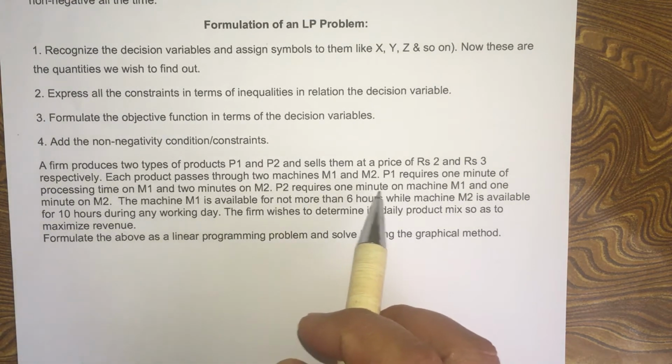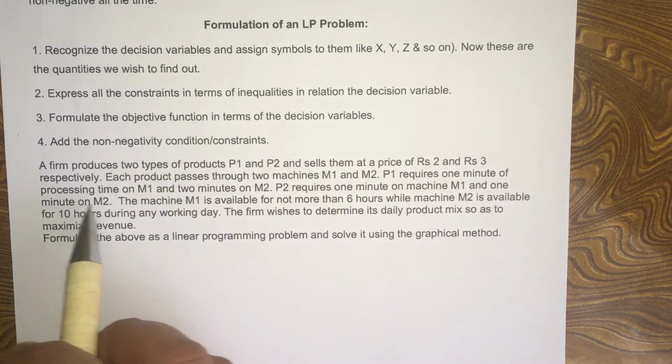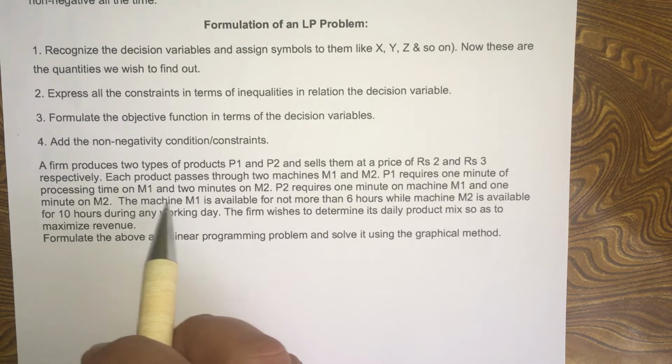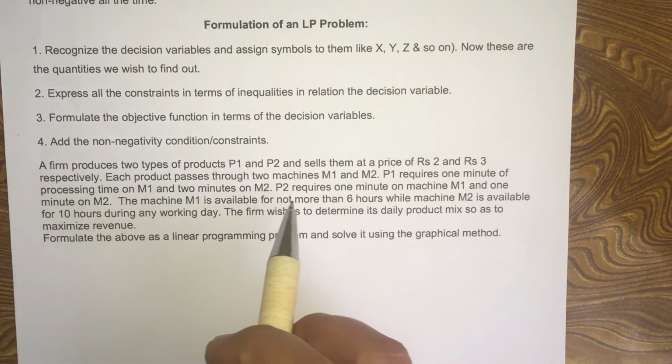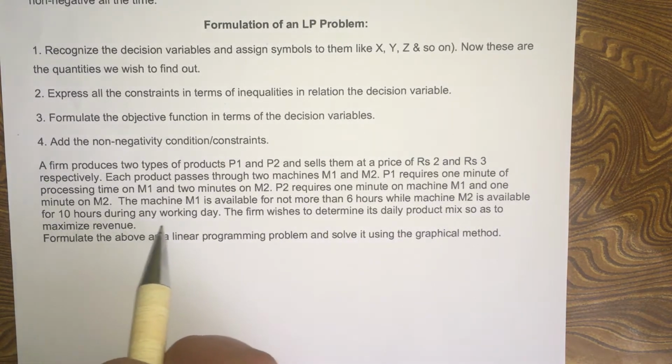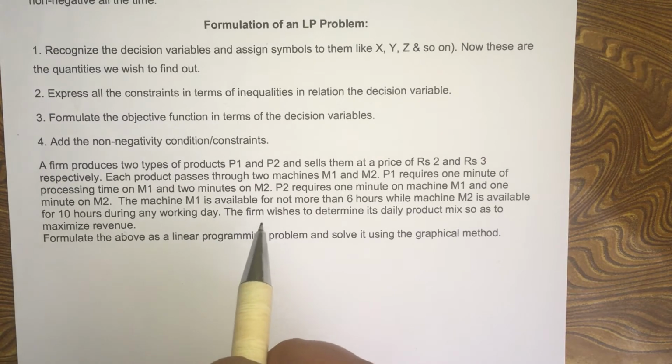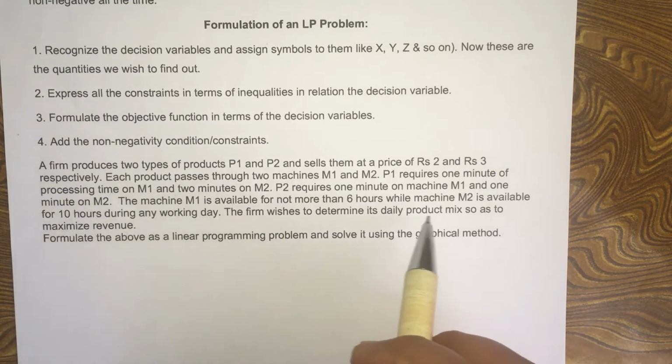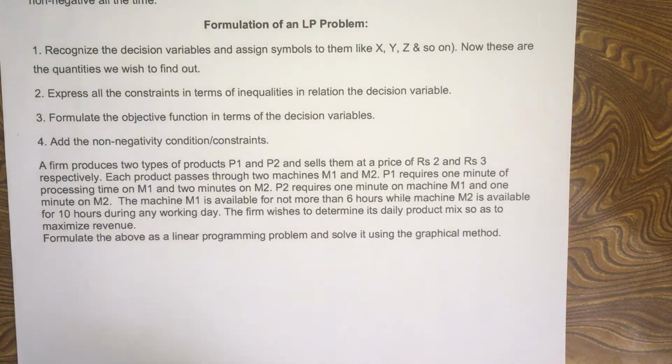P2 requires 1 minute on machine M1 and 1 minute on M2. The machine M1 is available for not more than 6 hours, while machine M2 is available for 10 hours during any working day. The firm wishes to determine its daily product mix so as to maximize revenue. Formulate the above as a linear programming problem and solve it using the graphical method.